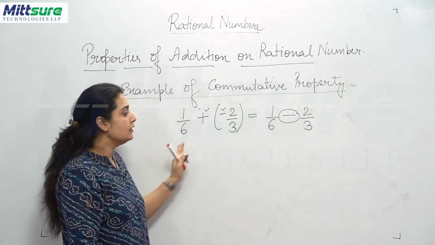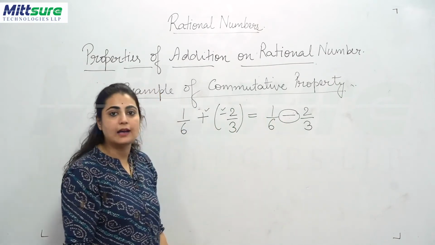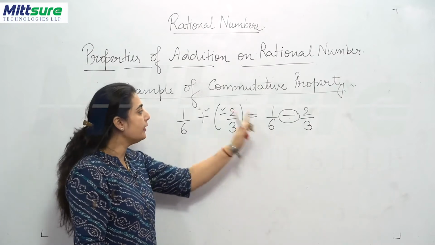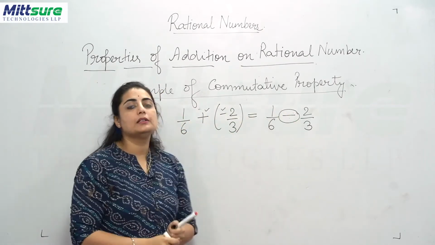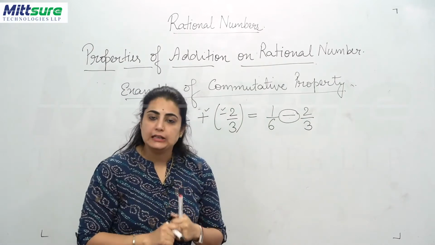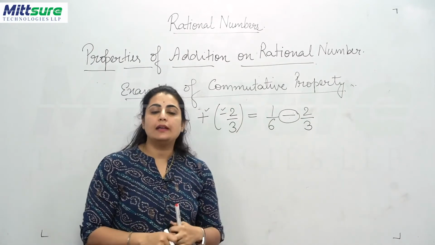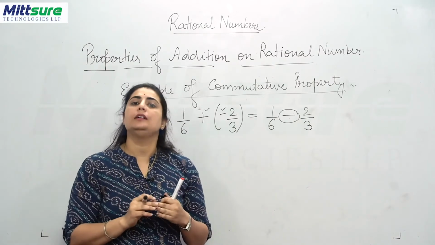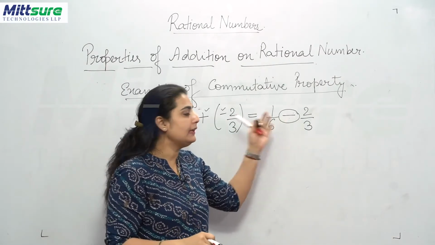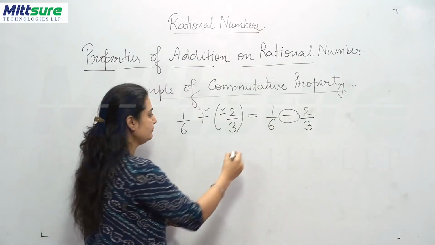Is it clear? So this is how this negative sign has come over here. So do not get confused, because in the rational numbers we talk of the integers, and whenever there is a solution of integers, we might get different signs as we are getting in this case.